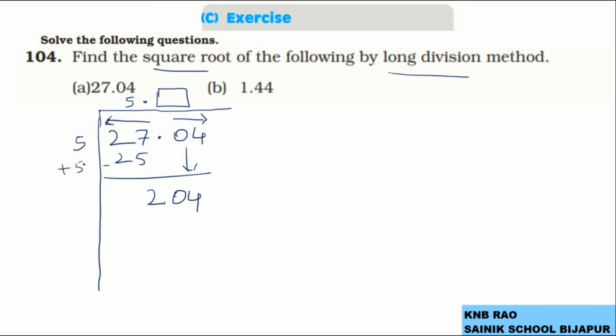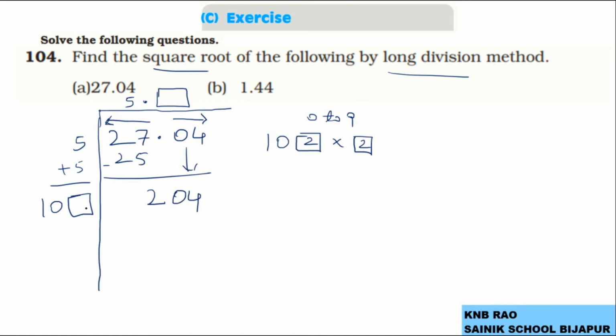Adding the same 5 to this gives you 10, and I have to choose an appropriate digit here. 10 dash means a digit into the same digit. This digit could be 0 to any digit up to 9. What will be appropriate? If it is 2, it correctly suits.